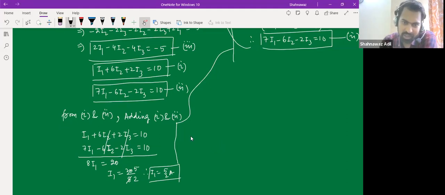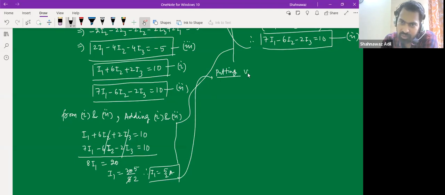Okay, this is I1. Now let us put the value of I1 in both the equations, in equation 1 and equation 2. So putting, now we are coming back here. You guys see, be careful with the direction of calculation.